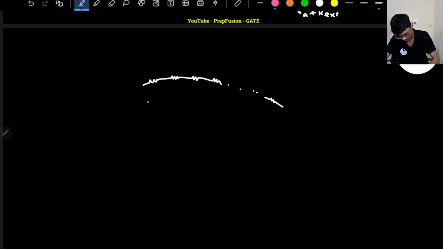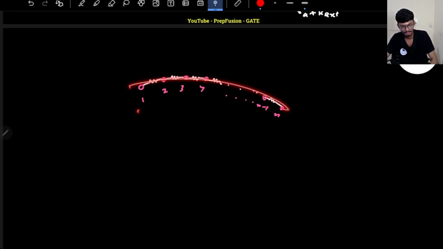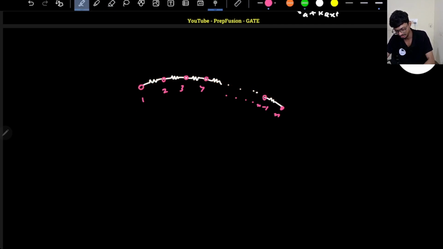Let's write the pointer positions as position 1, position 2, position 3, position 4, and so on, till position n minus 1 and position n. In the first position all the resistances are in play. In the second position R1 is not in play, R1 will go away. In the third position R2 will go away, R3 will go away, and so on.